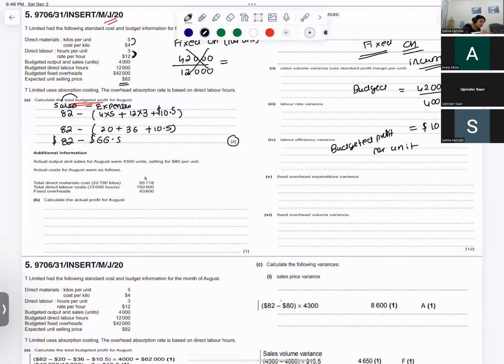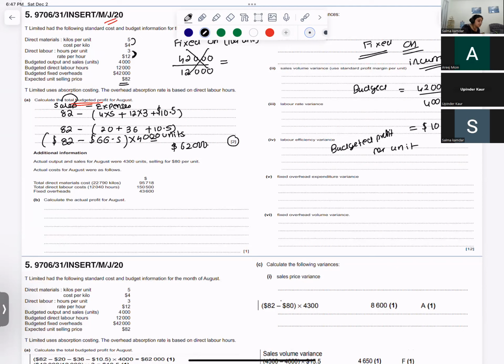I want the total budgeted profit. It will be for 4,000 units. So how much will this become? 15.5 into 4,000. $62,000.